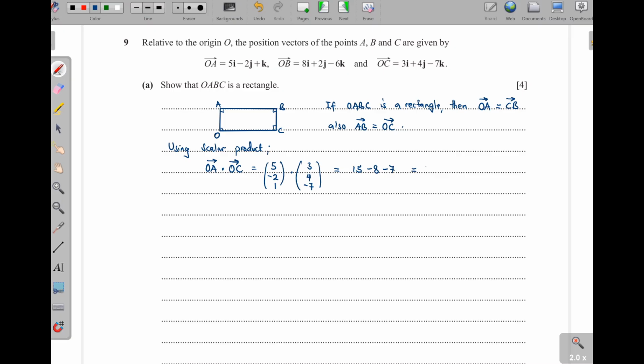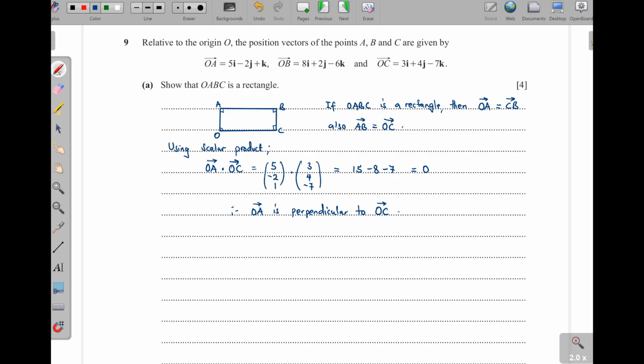Of course, this one is what? 0. And you know that if the scalar product is 0, then that means those vectors are perpendicular. So I can say that OA is perpendicular to OC. So that one I have proved it.